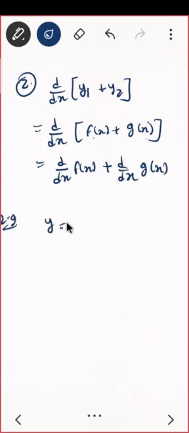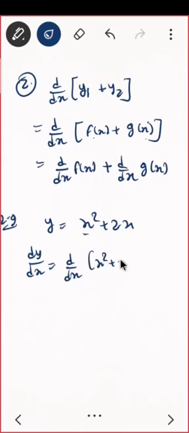See, your function y equal to x square plus 2x. If you want to take the derivative of this, you will be differentiating this and this. So the derivative of x square plus 2x will be the derivative of x square plus the derivative of 2x. It is okay if you take the derivative individually and then add.